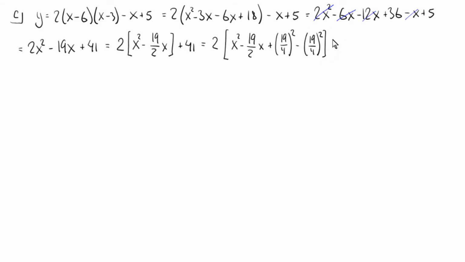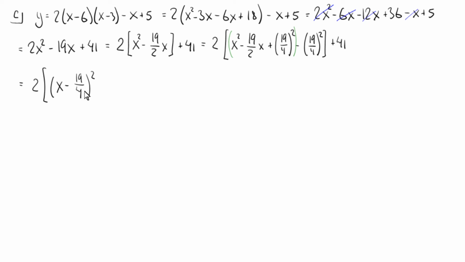And then we just have plus 41. So we have our perfect square trinomial right there. So we're going to go ahead and factor it. It's going to be x minus 19 over 4 squared.